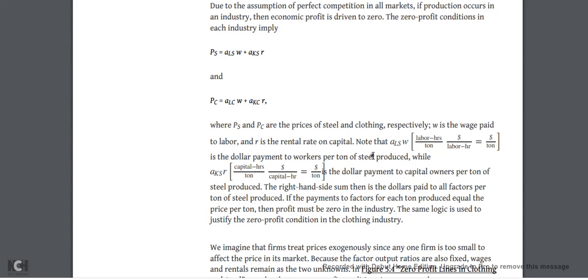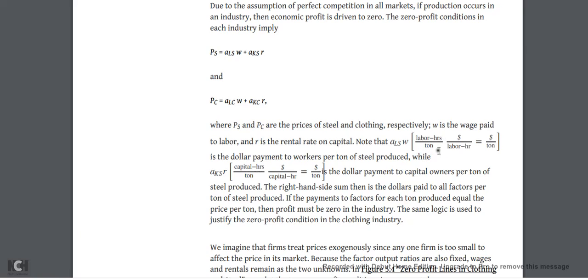Now with this, let us see, W is the wage paid to the laborer and R is the rental rate on capital. Okay. So what happens to the ALSW? ALSW is calculated by labor hours divided by per ton production.